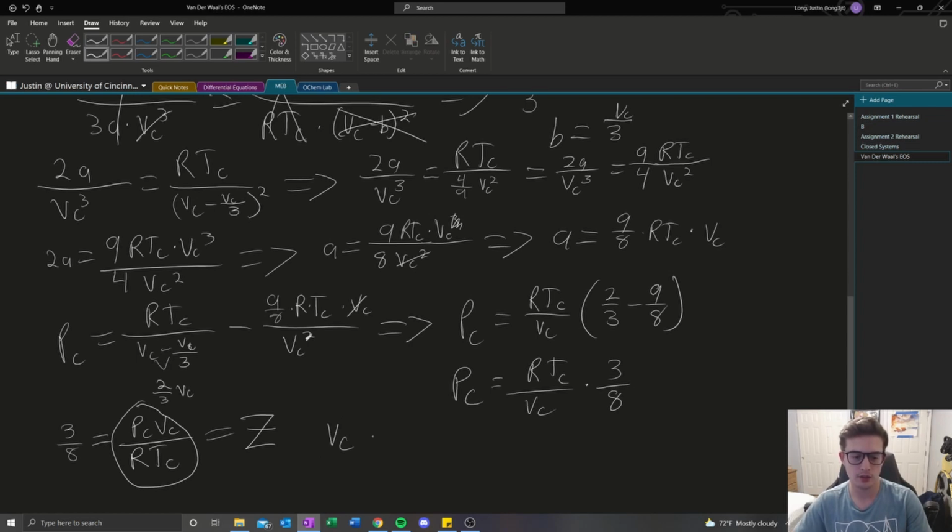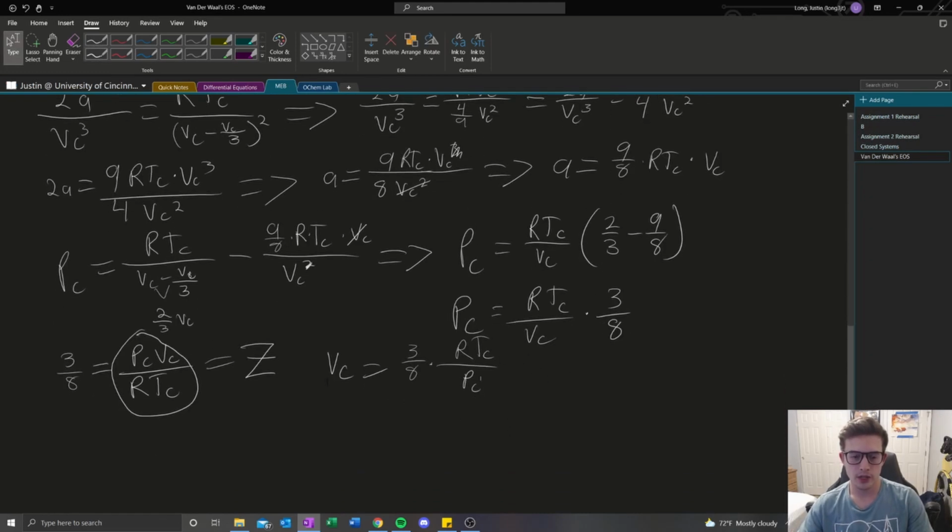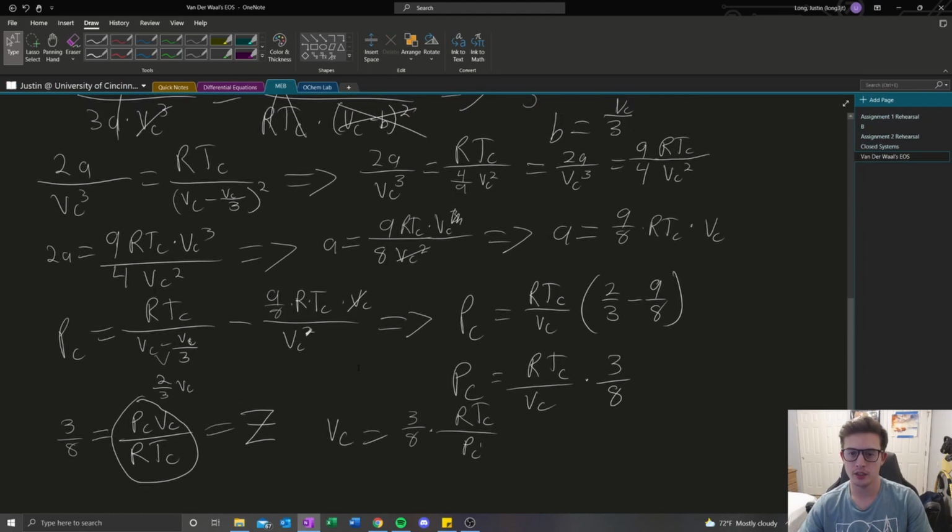So we've got VC equals 3/8 times, how's this going to work out here? We're going to have to flip it. So RTC over P, the critical pressure. All right. And so now that we've solved for VC, we can go ahead and just plug it into values.